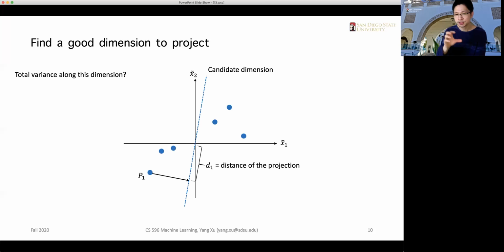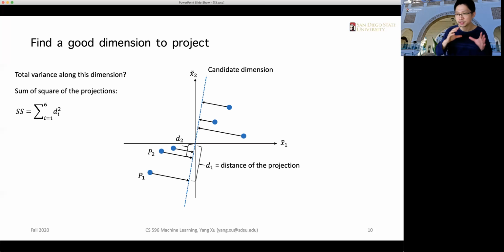We can use the distance from the projected position to the zero point. The distance can be measured, and the variance can also be defined based on the distance, which is basically the summation of the squares of distances. So sum of squares, SS, short for sum of squares.